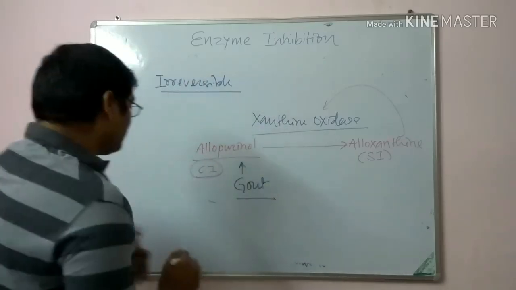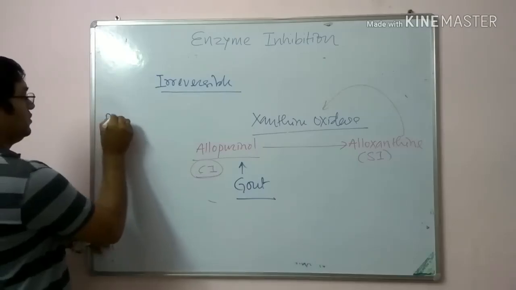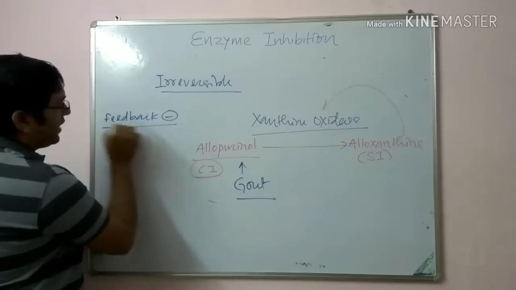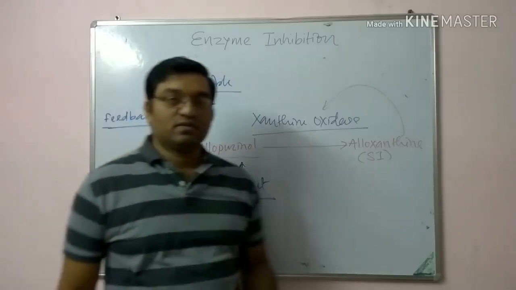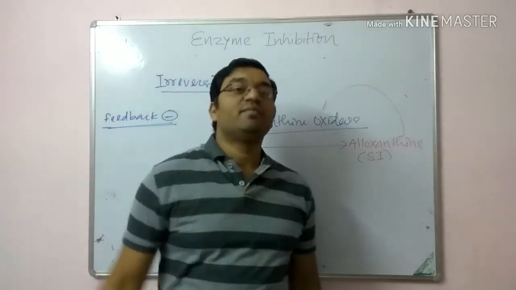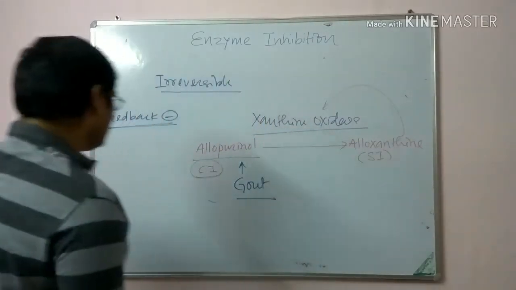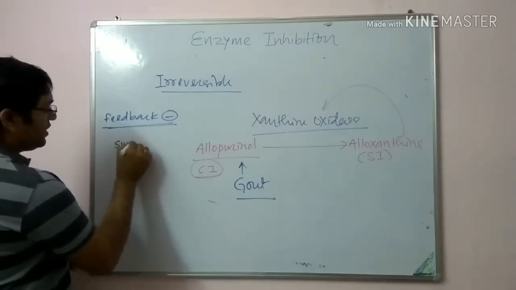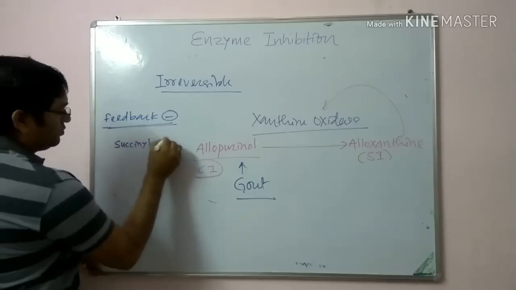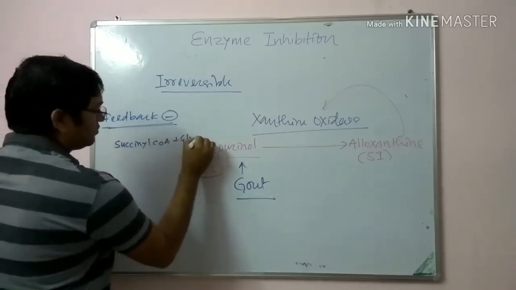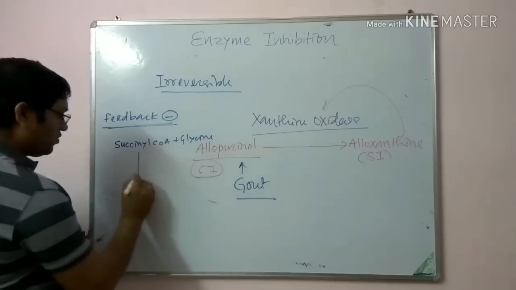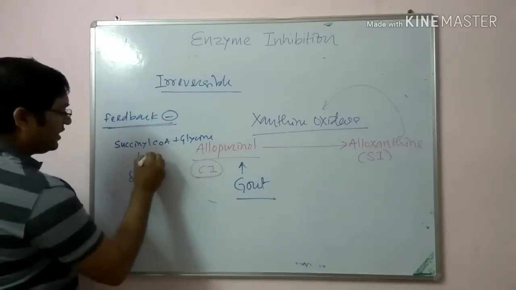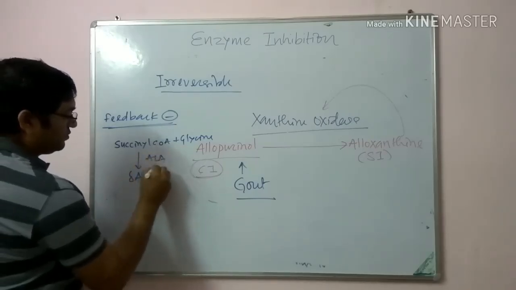And coming to the feedback inhibition, in feedback inhibition, the final product of the pathway inhibits the first rate limiting step of the reaction. For example, in the heme synthesis, succinyl coenzyme A plus glycine forms delta aminolevulinic acid with the help of ALA synthase.